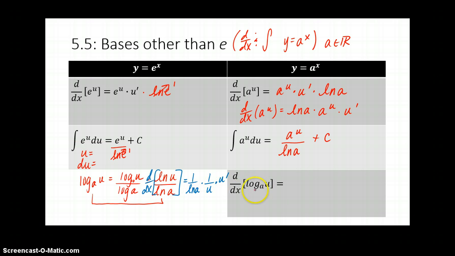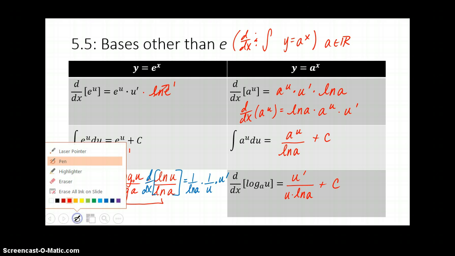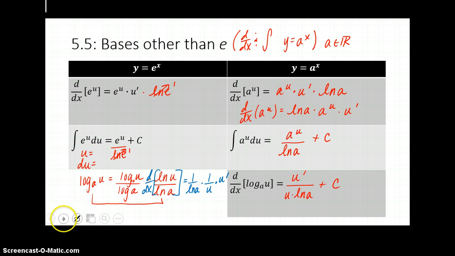So this is our derivative rule for log base a. So the derivative of log base a would be u prime all over u times the natural log of the base plus c. This one I feel is the one that can sort of get away from us a little bit, but we'll just continue to use it so you guys are comfortable. Okay, now let's put them to use.